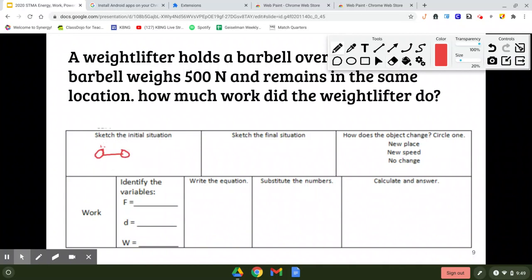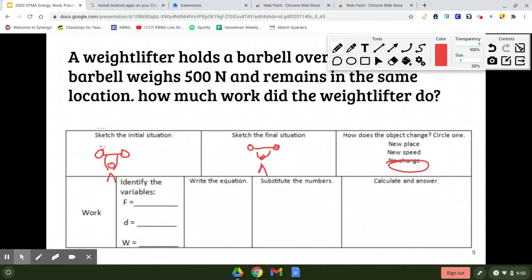At the end, the barbell is still above her head. So there has been no change.